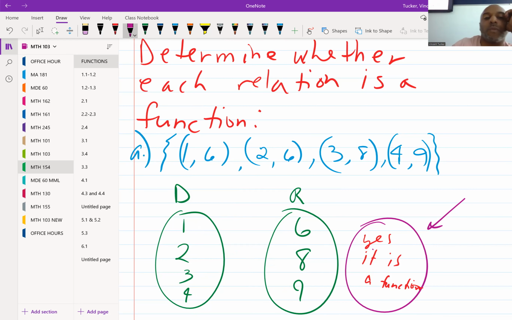So remember the definition of a function says that each value in your domain goes to exactly one value in your range. So you need to be able to ask the question, does this value go to exactly one value in the range for each one of your values in your domain? And if you can answer yes for each one of them, then yes, it is a function.